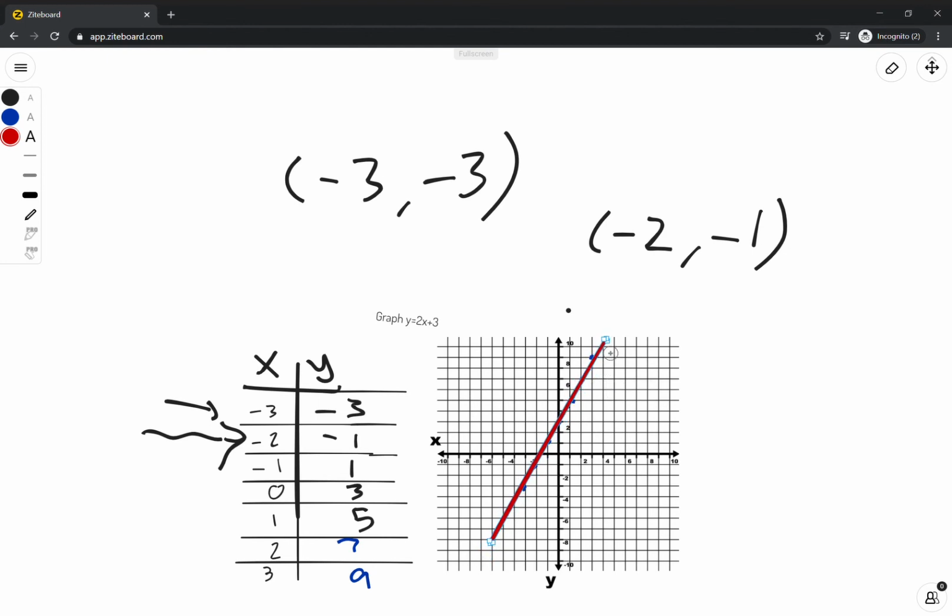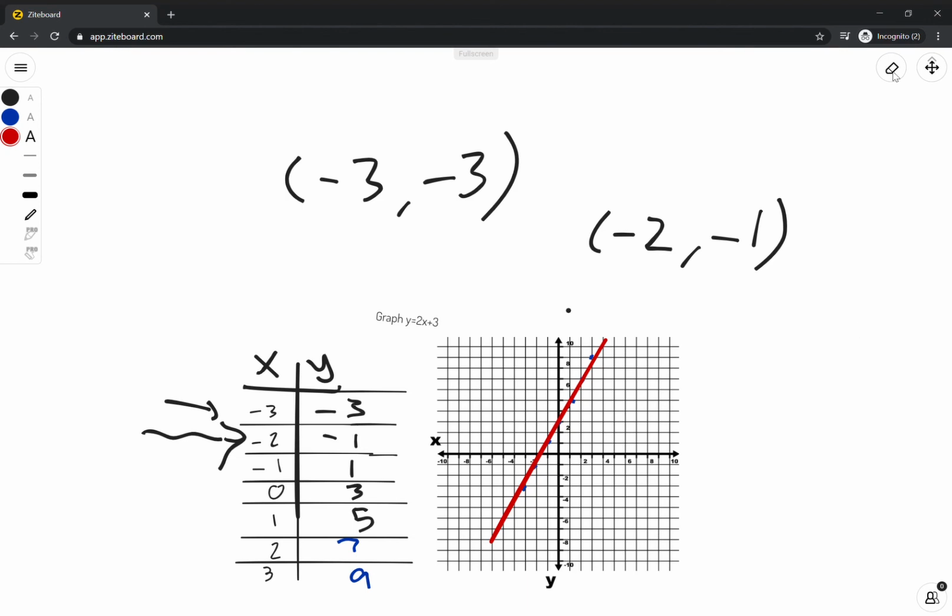And this looks about right. If you have a ruler and a graph on paper, you'll definitely be more accurate, or if you're graphing using an online resource, you'll be more accurate, but that was the gist of it. The equation y equals 2x plus 3 will look like this.